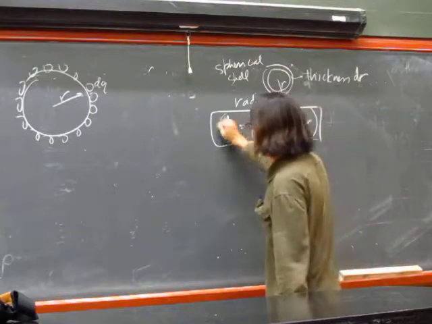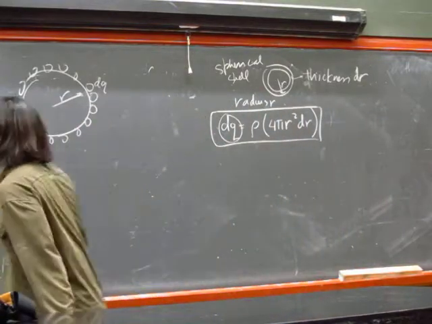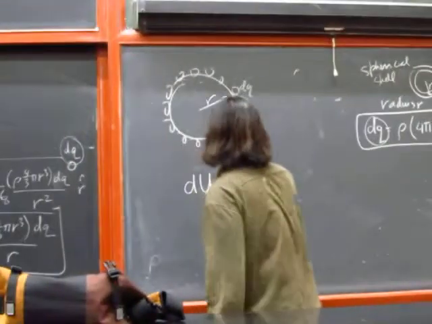So substituting dq into this equation, I get dU.